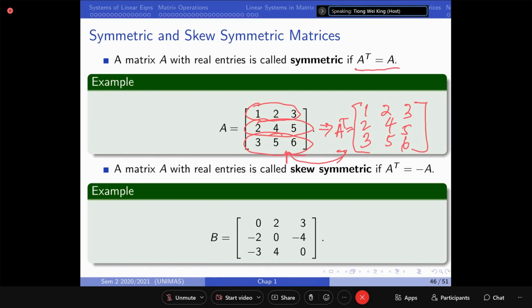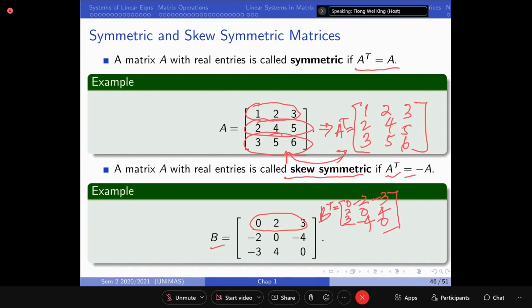A matrix A with real entries is called skew symmetric if A transpose equals negative A. For example, this is a given matrix B. If you find B transpose, rows become columns, so you have negative 2, 0, negative 4, negative 3, 4, 0.